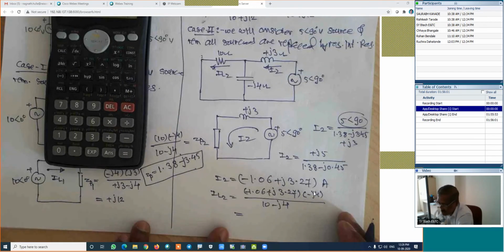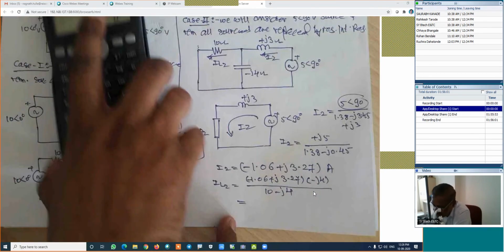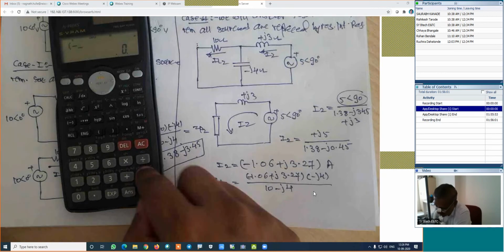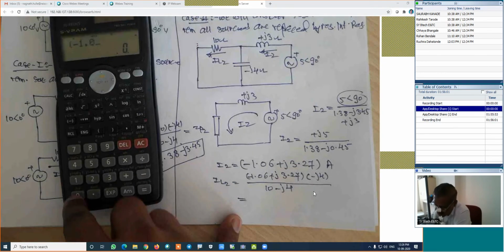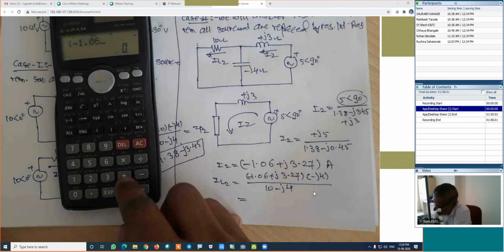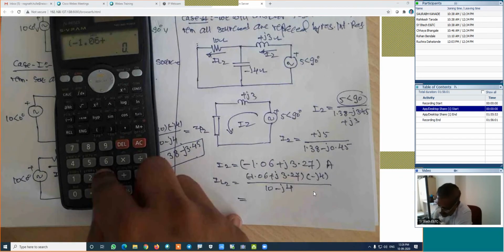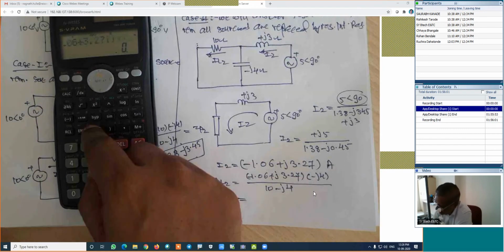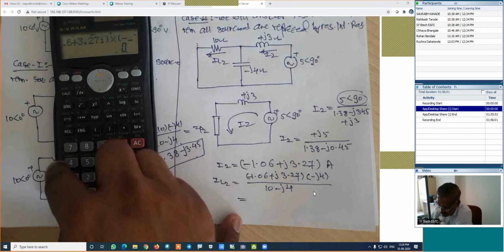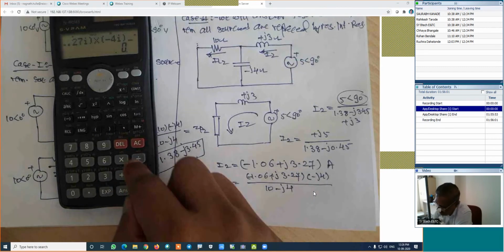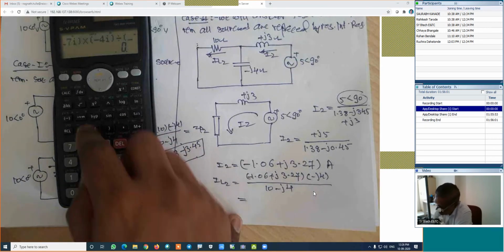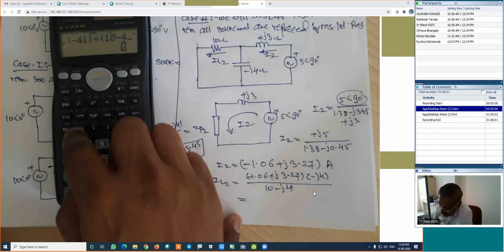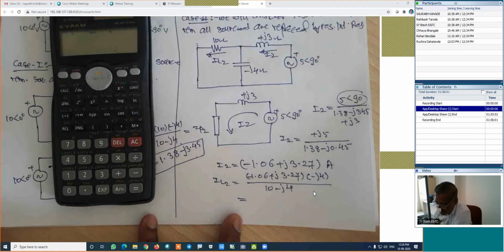Start bracket, minus 1.06 plus 3.27i, close the bracket, into start bracket, minus 4i, close bracket, divided by start bracket, 10 minus 4i, close the bracket, equal sign.